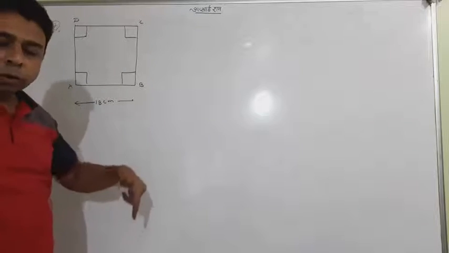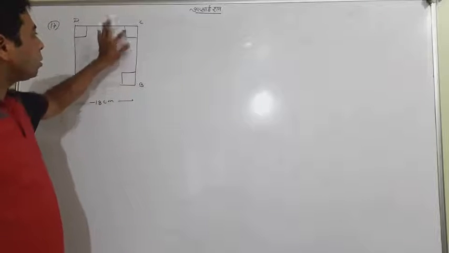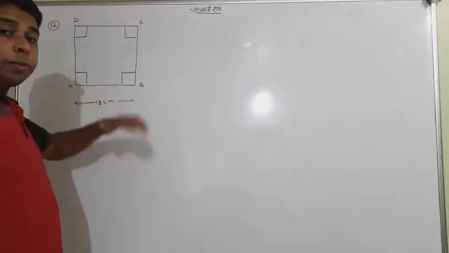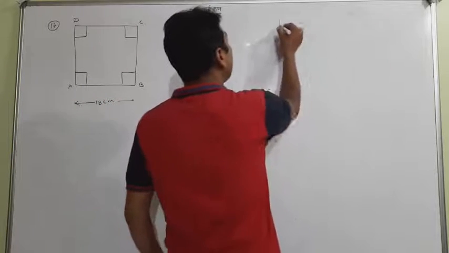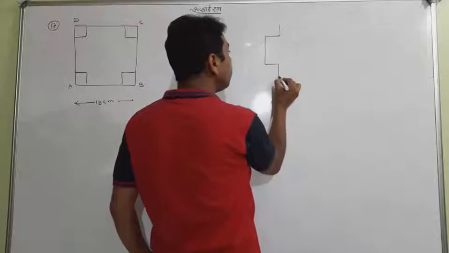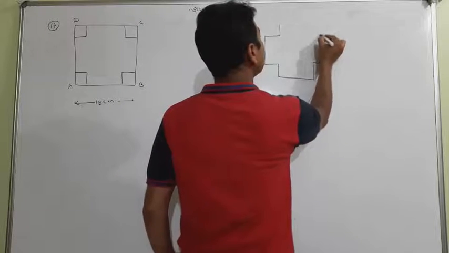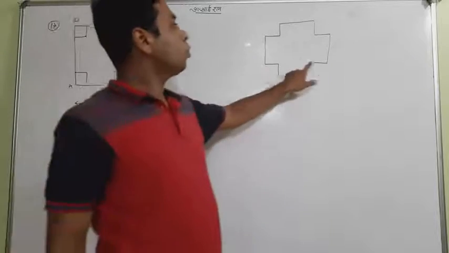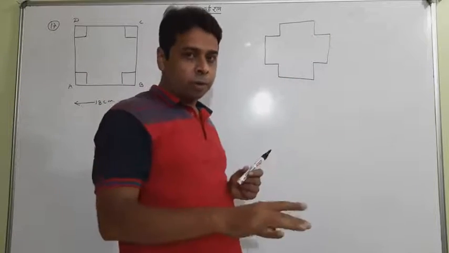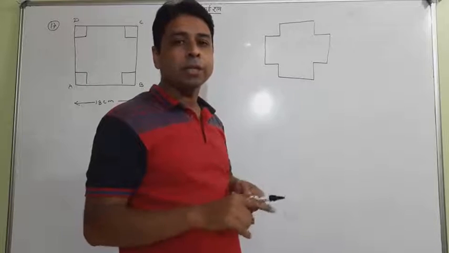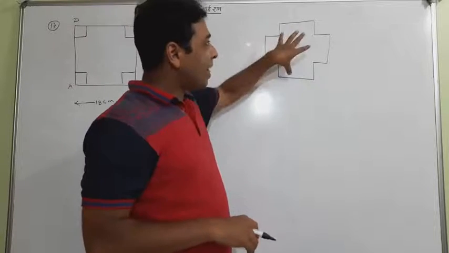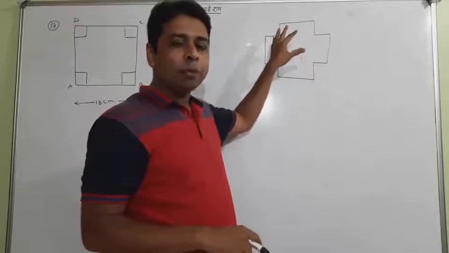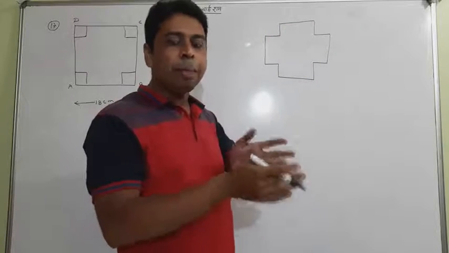according to the question, you have to cut 4 squares from the 4 corners, and when they are cut out, what remaining region will be there? Like that, students. This is going to be the remaining. You can understand these 4 squares were cut off from the square tin of 18 centimeter. With the rest of the tin, you have to turn the sides and make the open box.